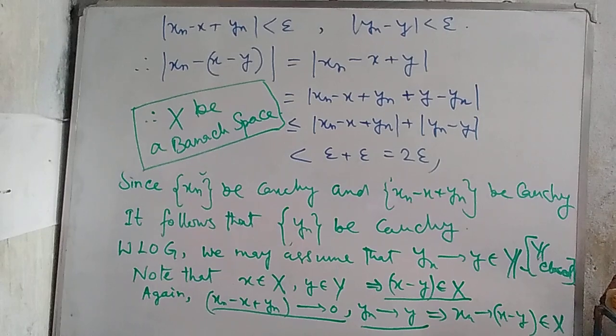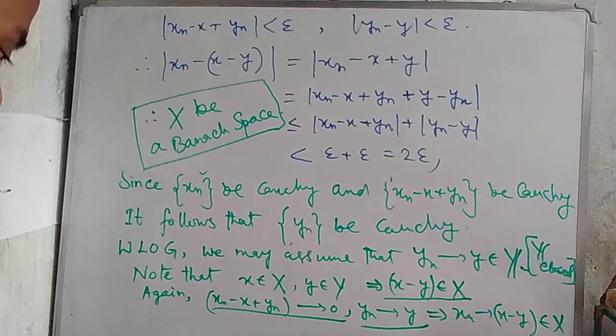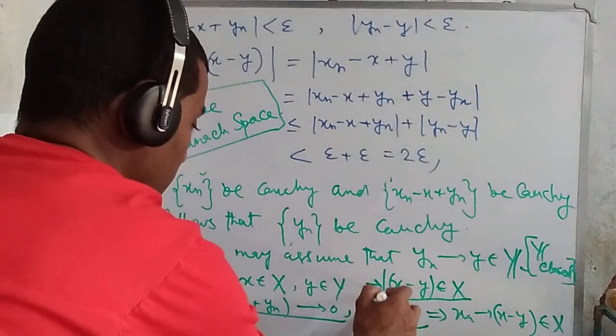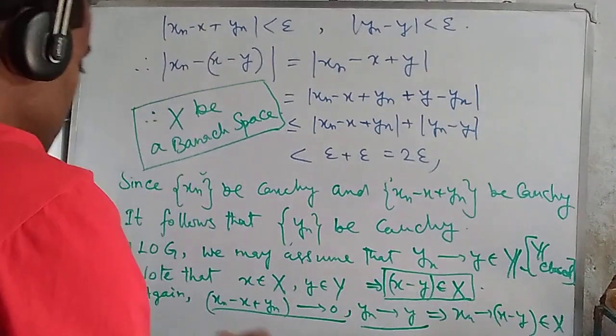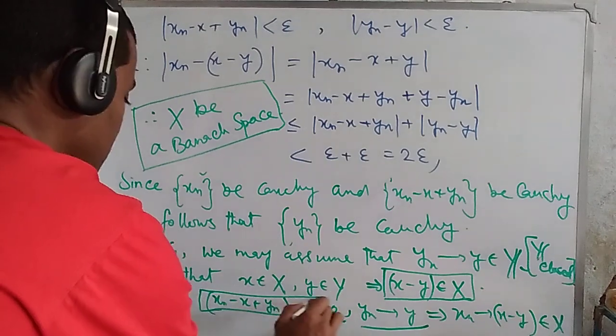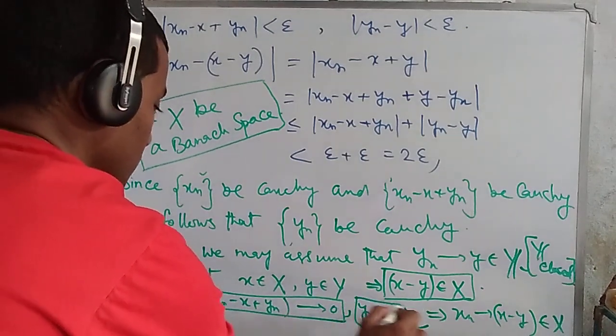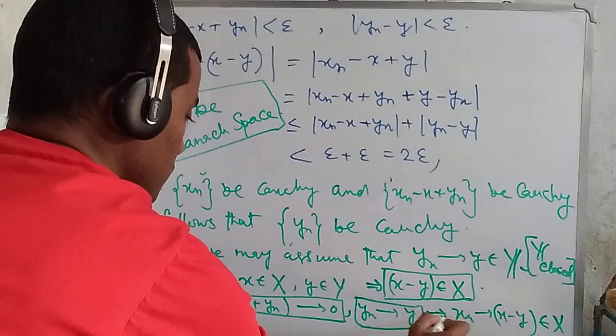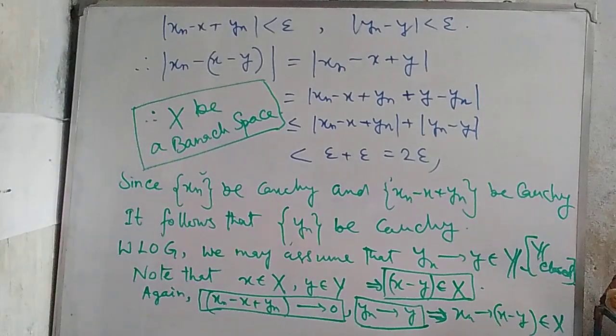Then note that x belongs to X and y belongs to Y, and x − y belongs to X. So xn − x belongs to Y and yn converges to y, so xn converges to x − y, so X is a Banach space. Not a problem at all.